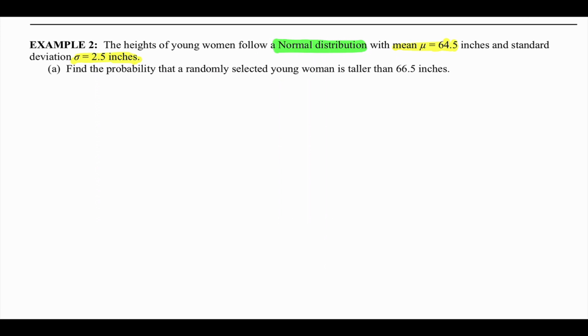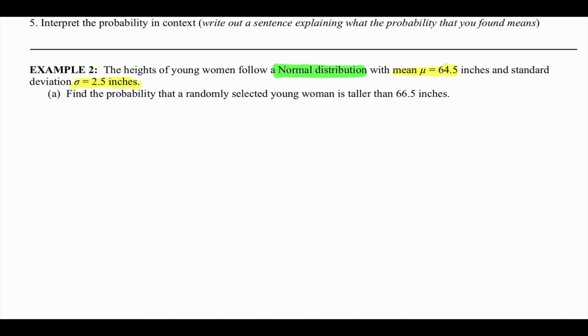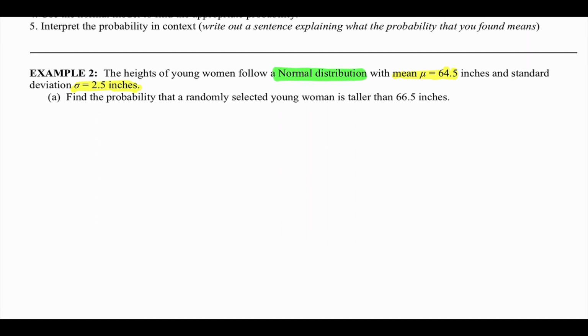It doesn't say where the young women are from, United States, Europe, and it doesn't say how old, like what constitutes a young woman. So they're really vague about that. But the heights of young women follow a normal distribution. So the population is normally distributed.